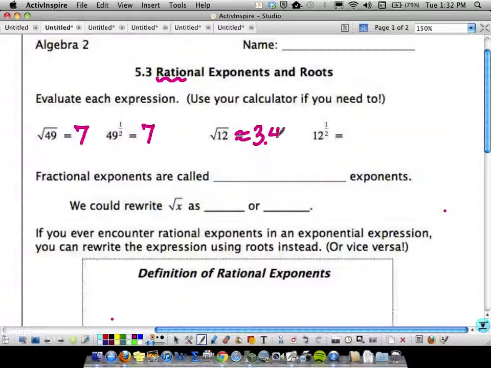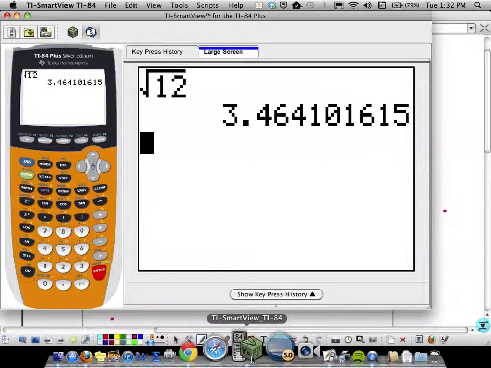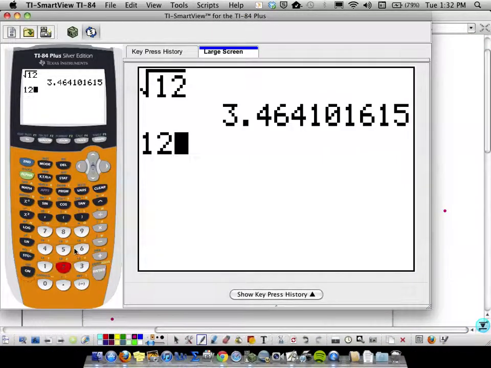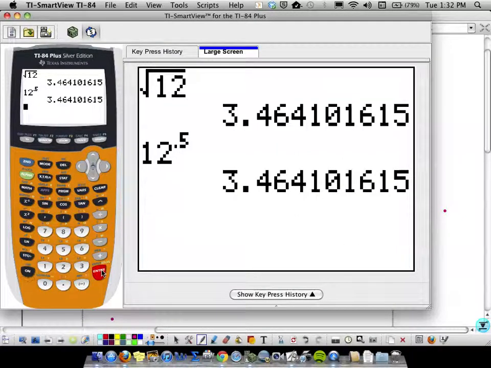About 3.46. And our hypothesis would be that 12 to the 1/2 power would also give us about 3.46, because that's what happened with the 49, so it should happen with the 12 as well. Let's just verify that on the calculator. If we take 12 and raise it to the 1/2 power, and this time instead of writing 1/2, maybe I'll use 0.5, the decimal version of 1/2. 12 raised to the 0.5 power is also equal to about 3.46.